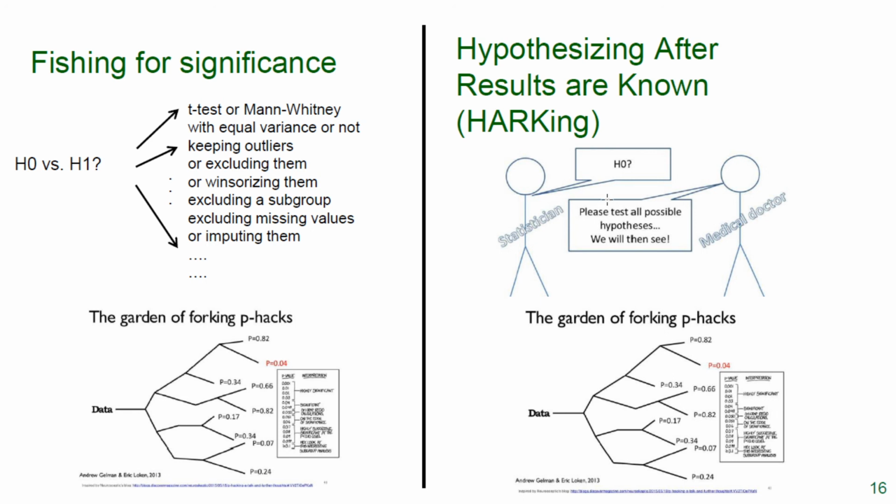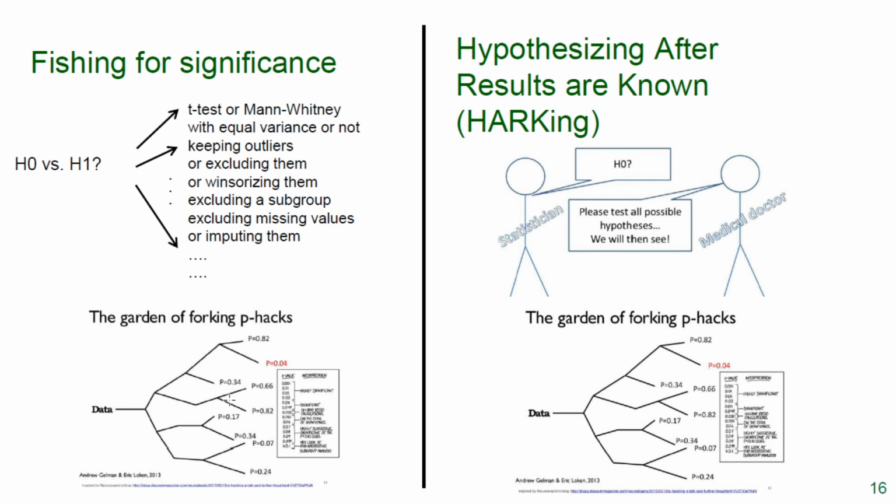So both mechanisms are similar in the sense that they generate a large number of p-values. They generate this garden of forking paths, and at the end, researchers pick the most significant p-values out of these many p-values. So this is similar, but the garden of forking paths arises differently.